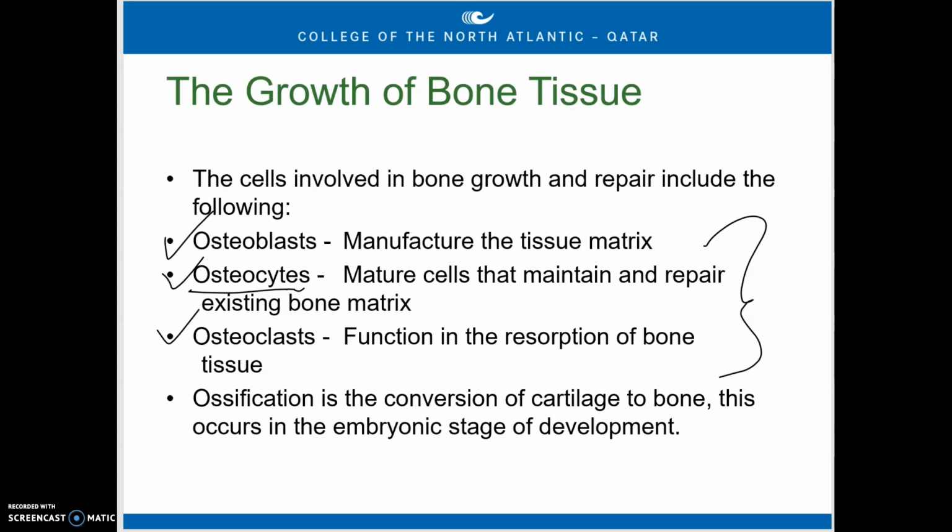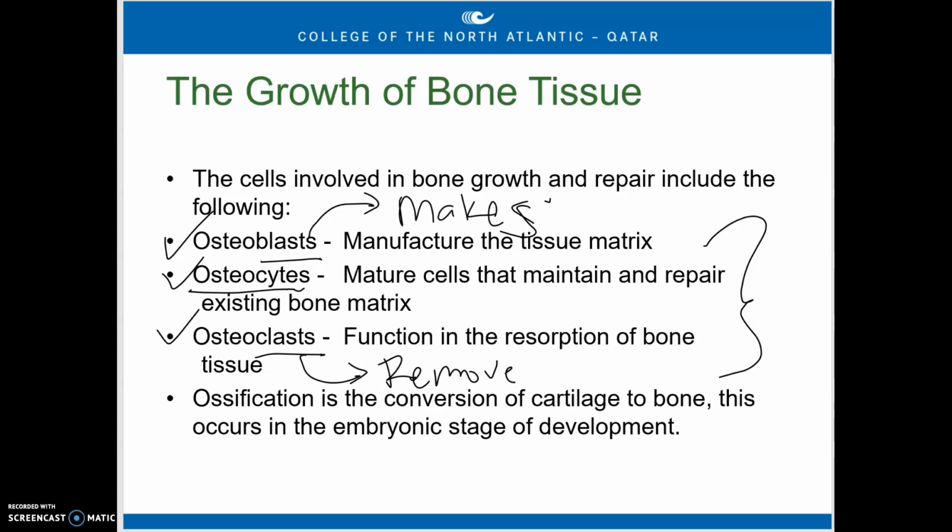There's two other types of cells, osteoblasts and osteoclasts. Now, very often when you see blast at the end of a cell, it means it makes something. So these types of cells are makers, or they're synthesizers. When you see clasts, it's a good bet that these types of cells will remove or reabsorb tissue.